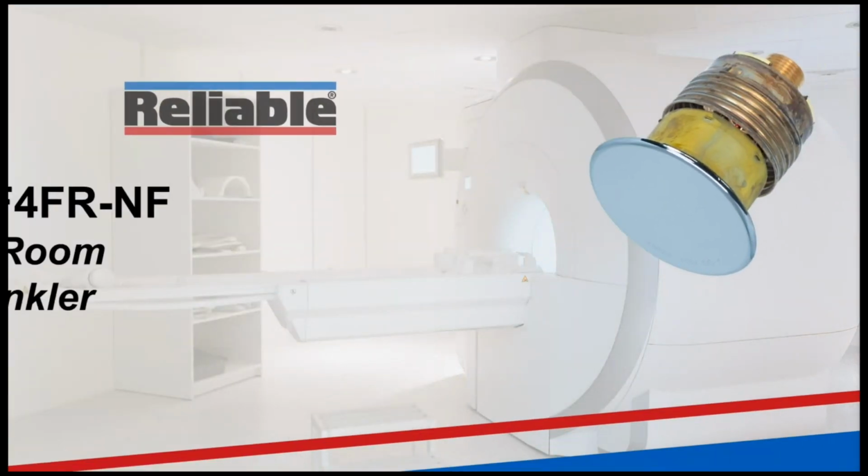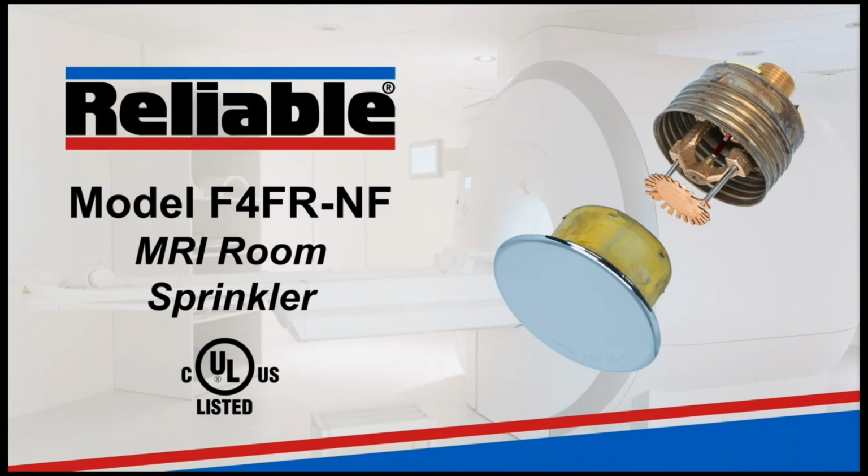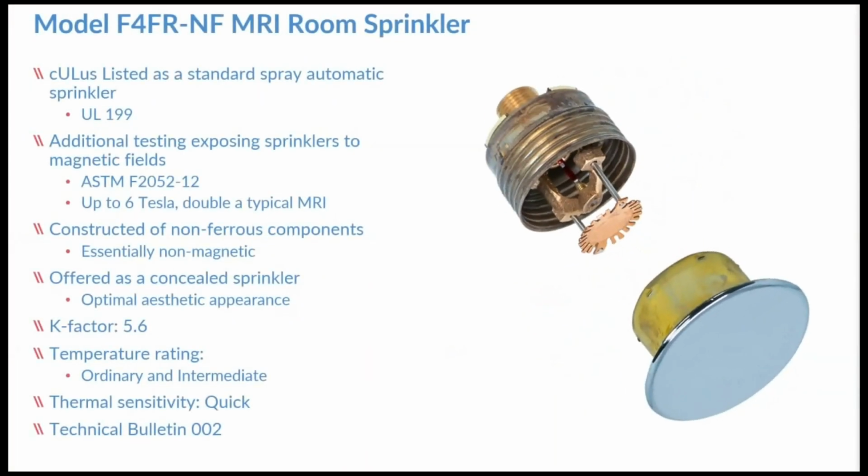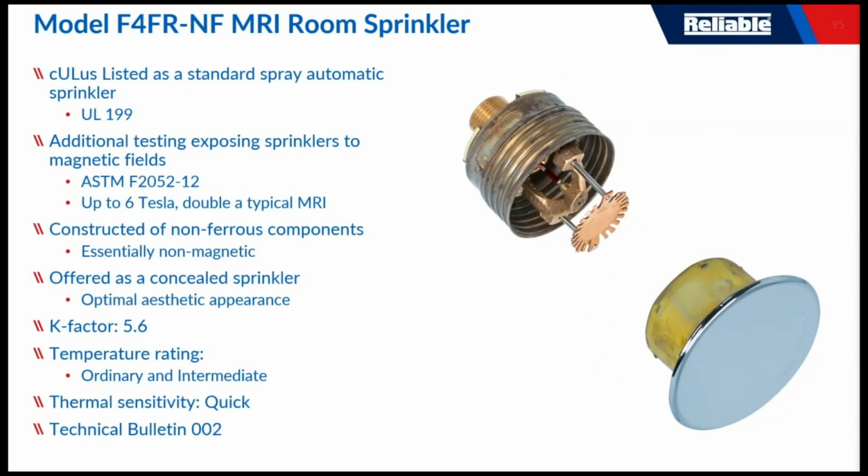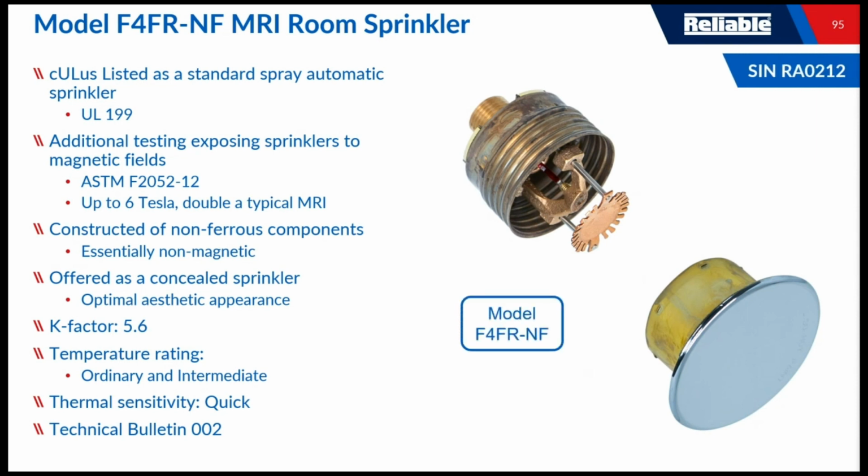All right, so next we're going to tell you about our model F4 FR-NF MRI room sprinkler. This is a sprinkler that's listed as UL 199 as a standard spray automatic sprinkler. It went through additional testing through some ASTM standards to simulate a 6 Tesla field.